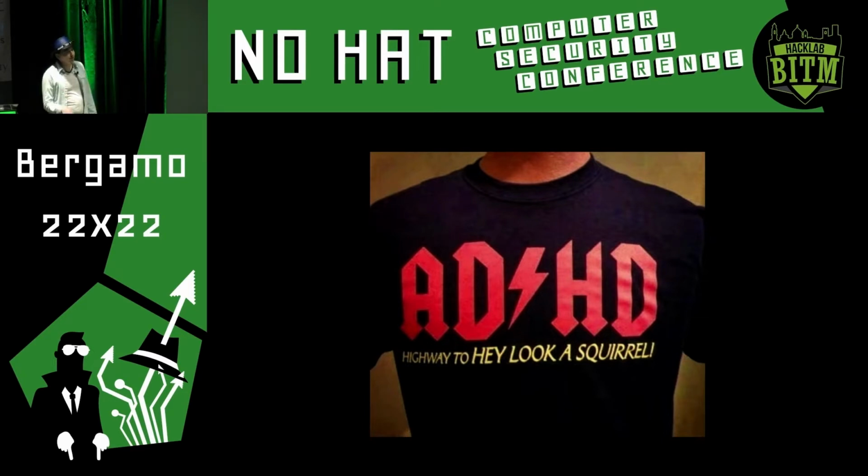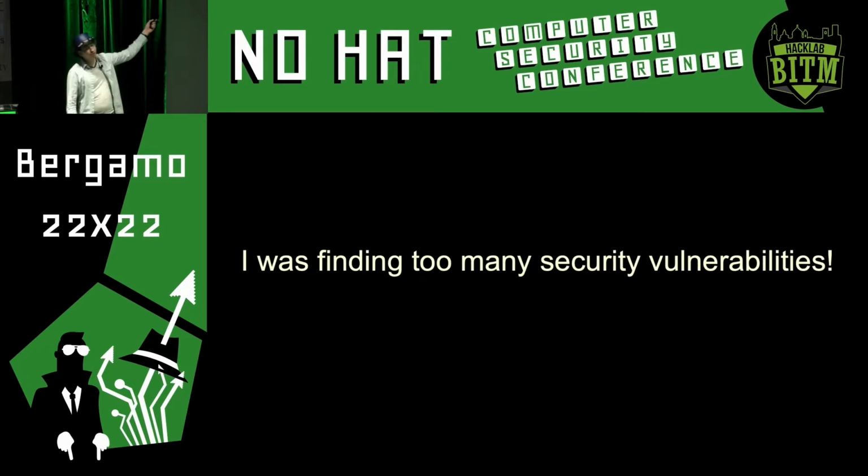The problem is that I love chasing squirrels. And I will go and read vulnerability disclosure feeds, and I'll be like, I wonder where else that vulnerability is. And the thing is, I will find that same vulnerability in a lot of places, using CodeQL, using the GitHub security, GitHub search. I'm finding too many security vulnerabilities.